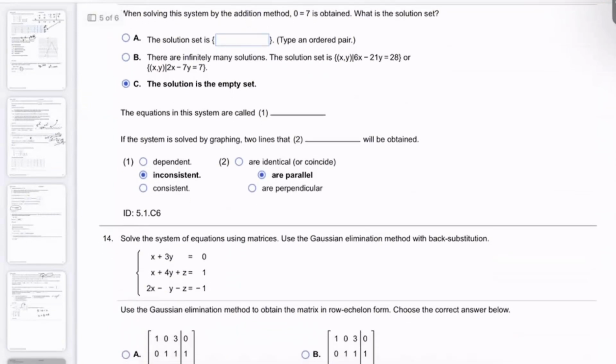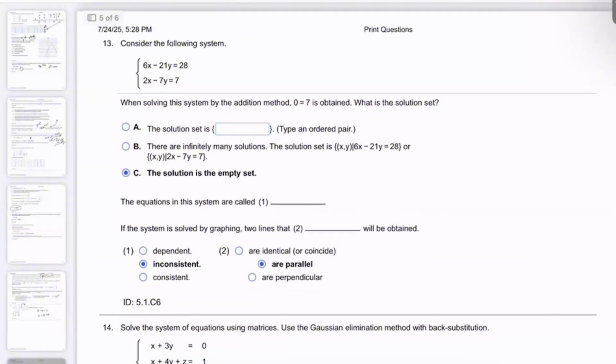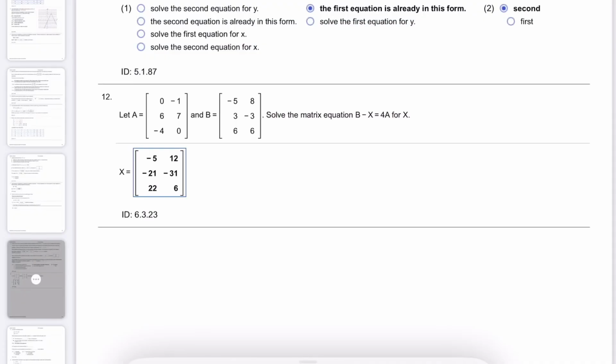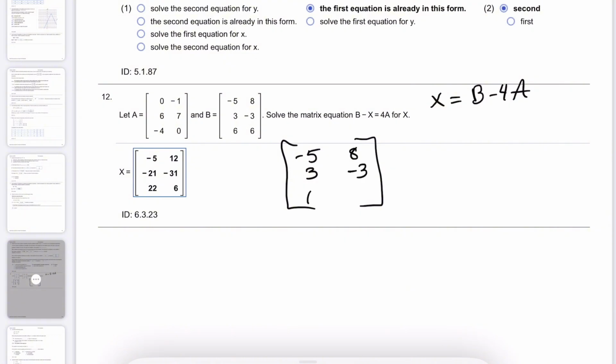And you know how to get the rest of that in. Okay, so for some unknown reason, the Zoom that I was creating just stopped. So B minus 4A. And that would be this matrix -5, 8, 3, -3, 6, and 6. So that's my B minus. I'm just going to mentally do the 4 times the other matrix.